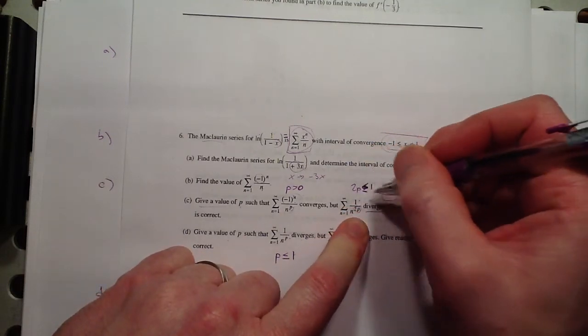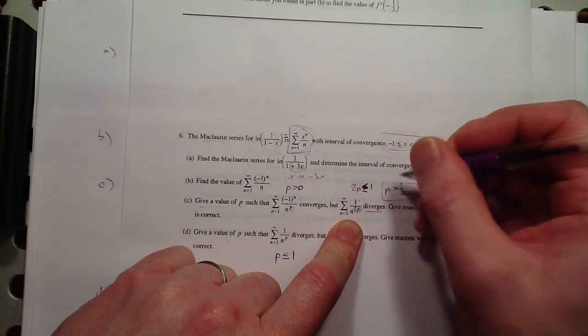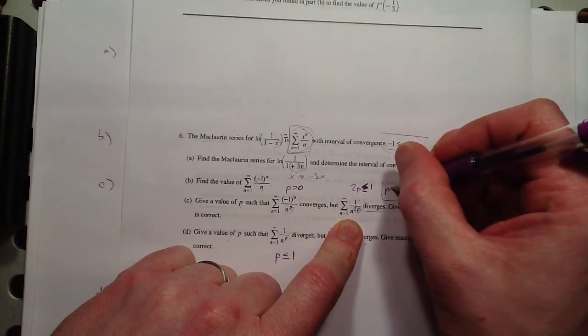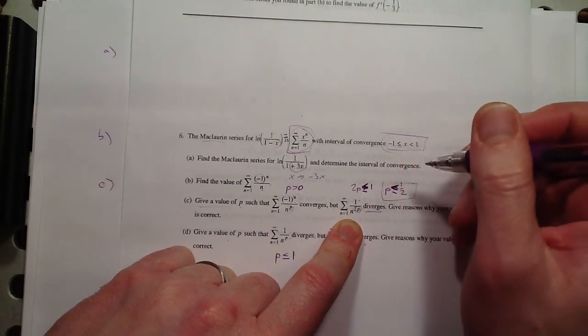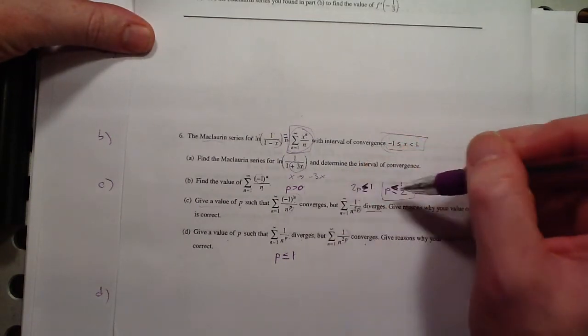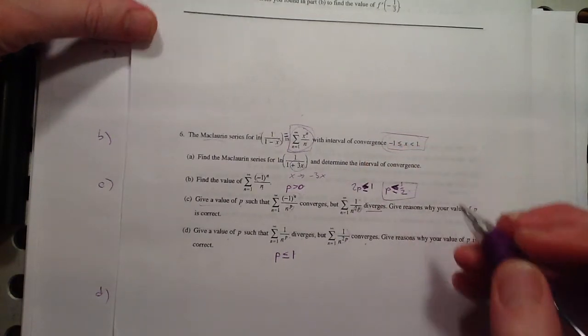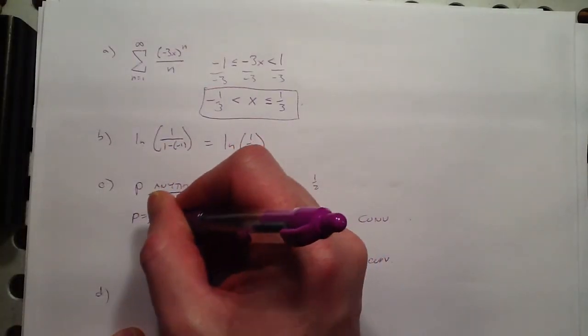So we'd have to make it a p series that diverges, which means 2p would have to be less than or equal to 1, which means p has to be less than or equal to 1/2. So scratch that one. We need to be in between 0 and less than or equal to 1/2. So I could pick 1/2. So let's try that instead.